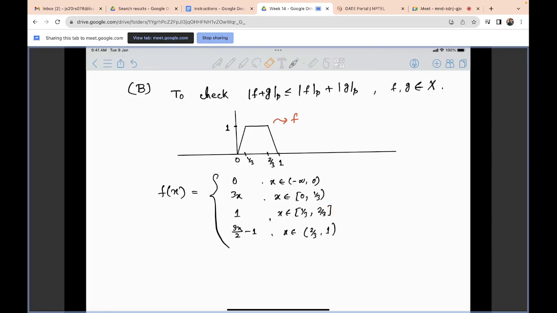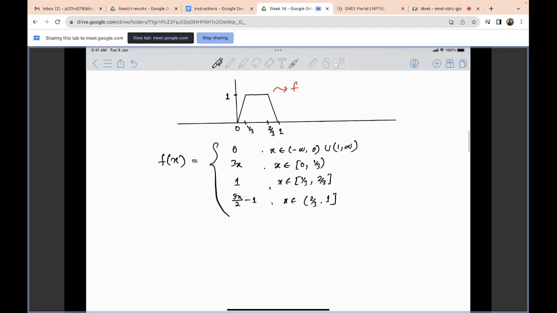And again after that we have defined it to be 0, union 1 to infinity, and make it closed, because at the endpoint the values agree, so it does not matter. So this is our definition of f.